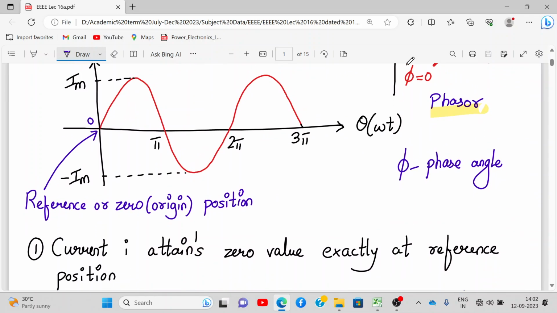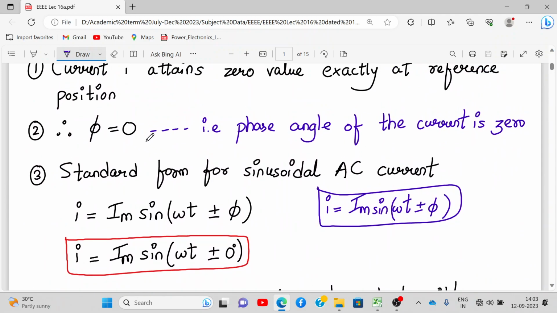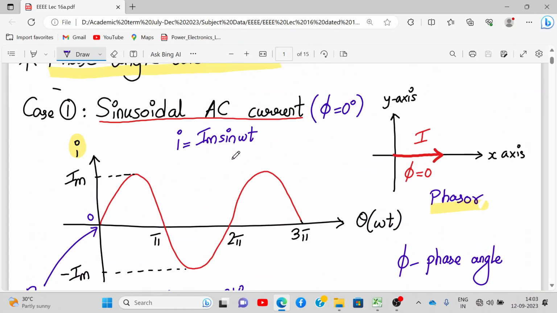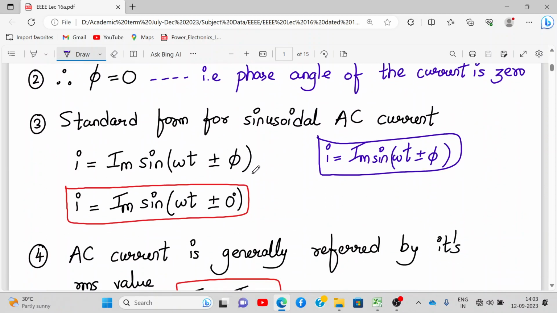Now, here current I attains a 0 value exactly at the reference position, where reference position is 0. Your phi is 0, that means the phase angle of the current is 0. Okay, now you must be writing this as a standard form, but this standard form is incomplete. The actual standard form is this. This is the new standard form, please write it.